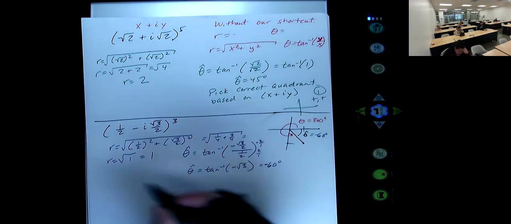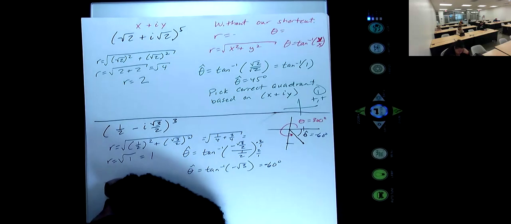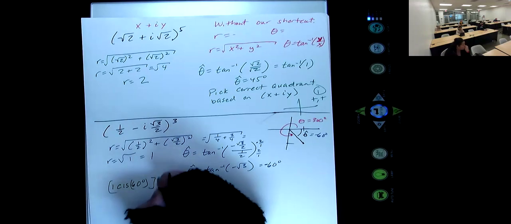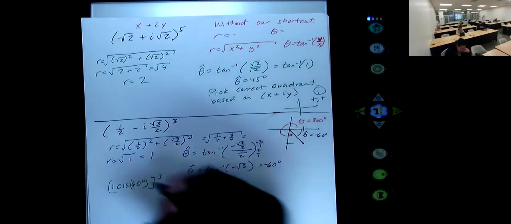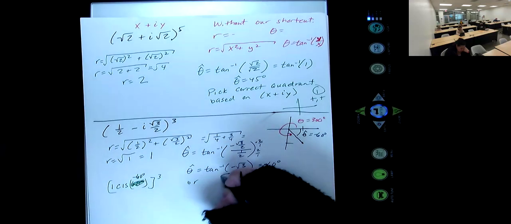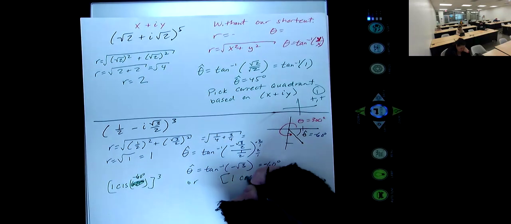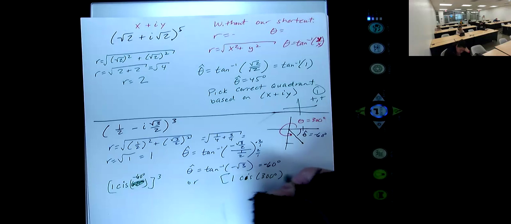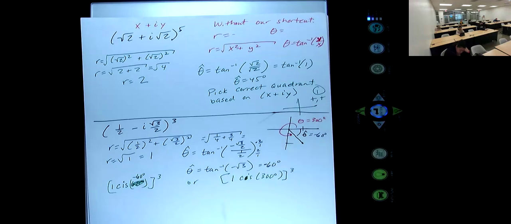So what we have here is one cis 60 to the third power. No, I'm sorry, -60. Or we have one cis 300 to the third power.